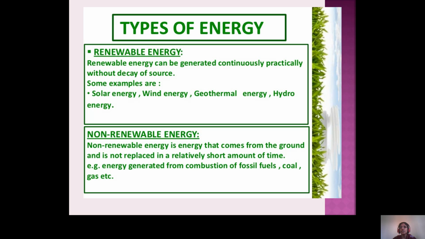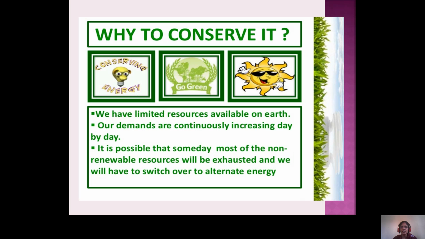Non-renewable energy is energy that comes from the ground and is not replaced in a short amount of time. That means fossil fuels, coal, gas, natural gas, oils; these are called non-renewable energies.